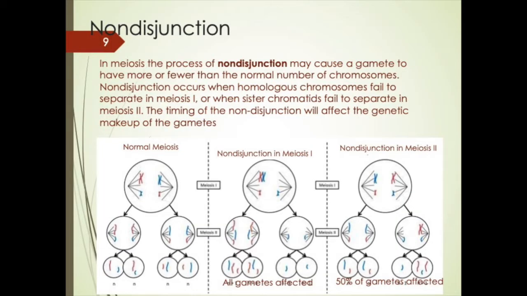If you have non-disjunction happening in meiosis 2, you'll have half the gametes that are non-affected, but half the gametes that are fully affected, where it splits the first time, and during the second split, more DNA is pulled to one side than the other side, leaving one gamete with more DNA than the other gamete.